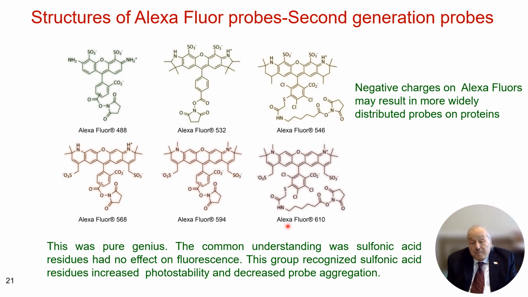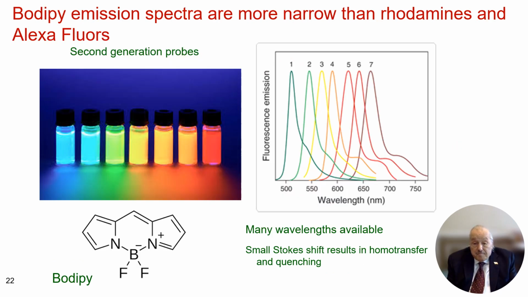So that's another thing you have to consider when you're buying the probes. Do you want a reactive form that is going to automatically covalently bind to your macromolecule, or do you want to buy a non-reactive form?